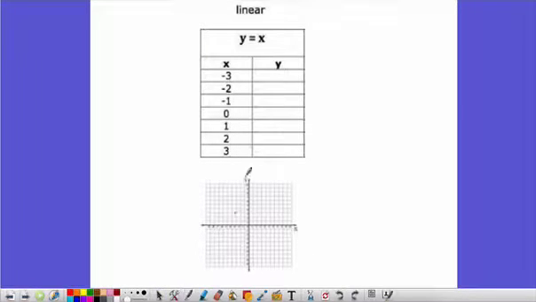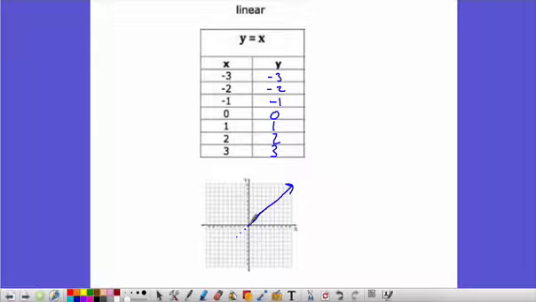All right, so y equals x. Well, what you should have ended up with is a graph that looks like a straight line. Okay, and I'm just drawing mine freehand, but it's every point like this going on forever. So y equals x, so whatever x is, the y is. So -3, -2, -1, 0, 1, 2, 3.